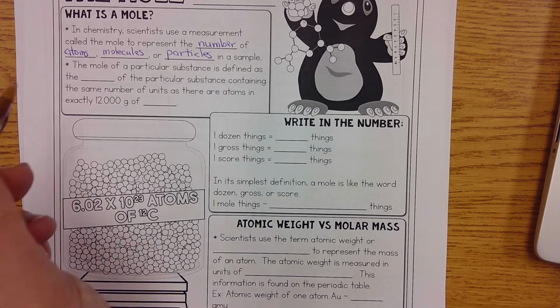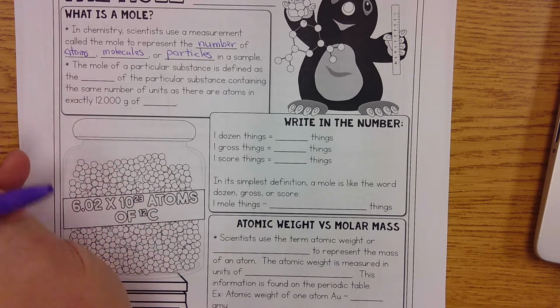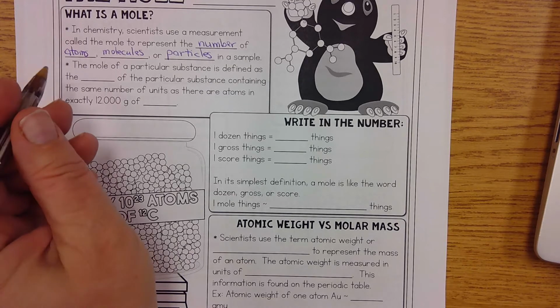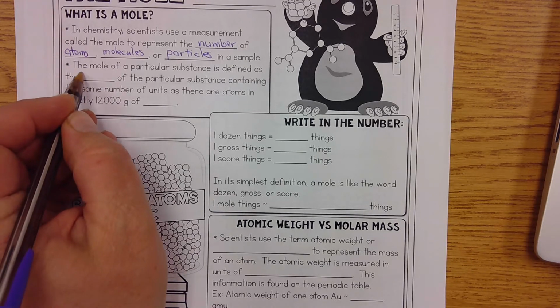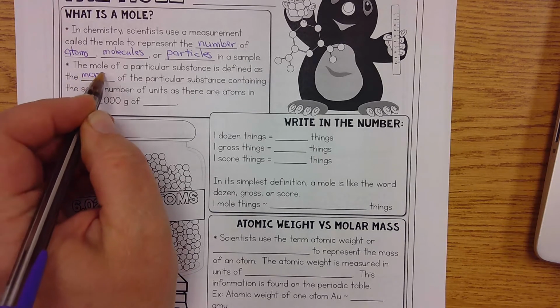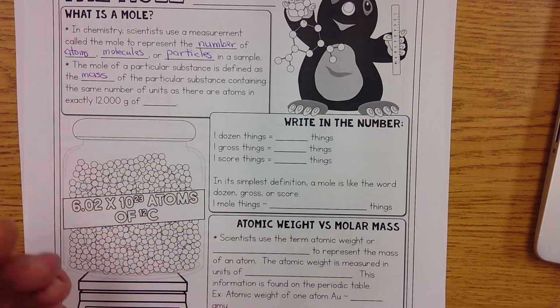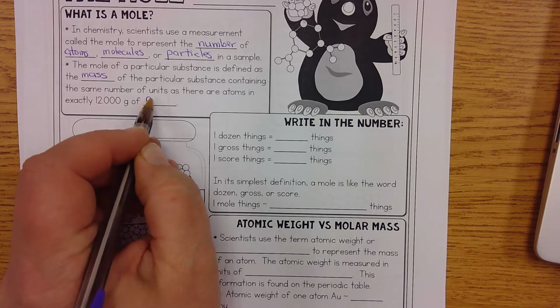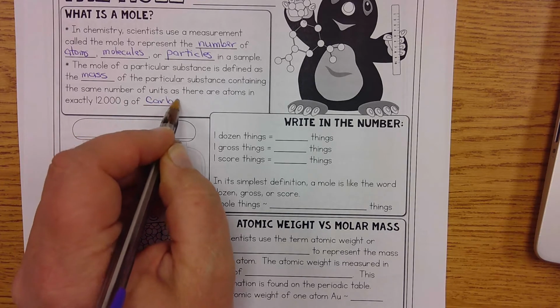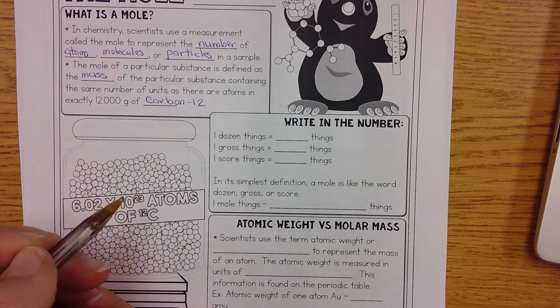The definition of a mole, when we talk about a mole of a particular substance, is the mass of that particular substance containing the same number of units as there are atoms in 12 grams of carbon. And I guess technically carbon 12.